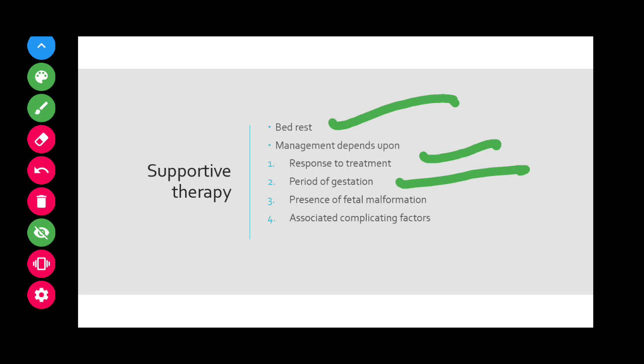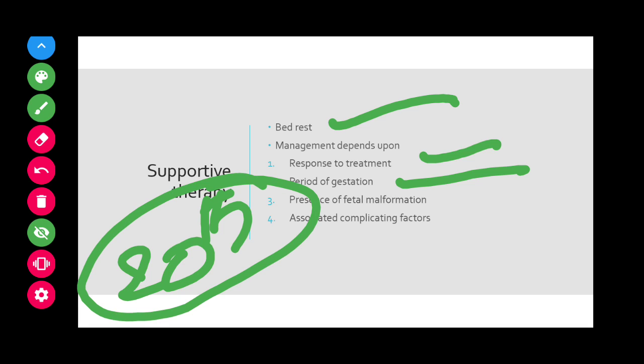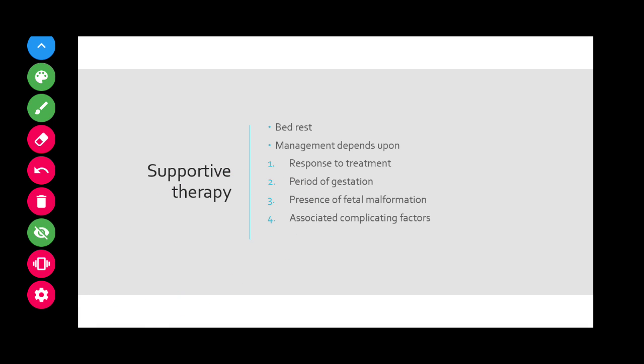Period of gestation: before the 28th week, they can go for abortion or termination of pregnancy. With presence of fetal malformation, they should go for termination of pregnancy. If there are associated complicating factors that are unresponsive and the pregnancy is less than 37 weeks, amniocentesis and termination of pregnancy are done. Below the 37th week you can go for termination of pregnancy, but above the 37th week you can go for induction of labor.